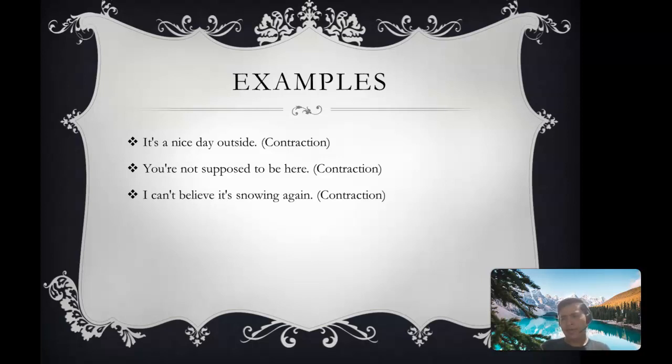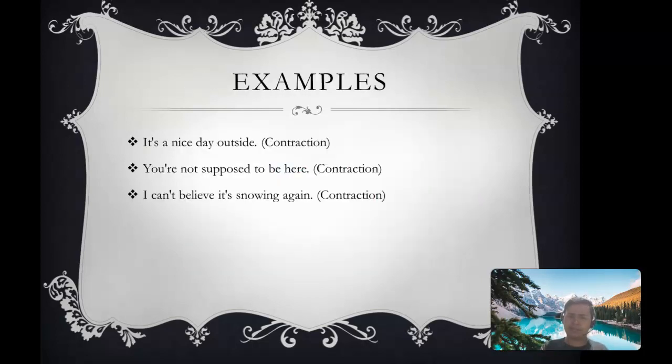The normal way is to write it down like it is, but instead of that, we're making a contraction. As well, in the other example, you are not supposed to be here. The normal way could be you are not, but instead of that, we're saying you're. So we're adding an apostrophe.